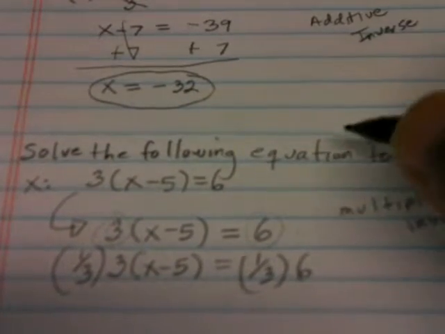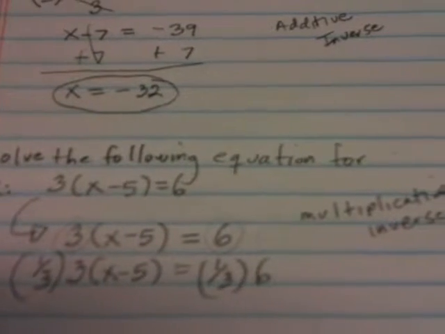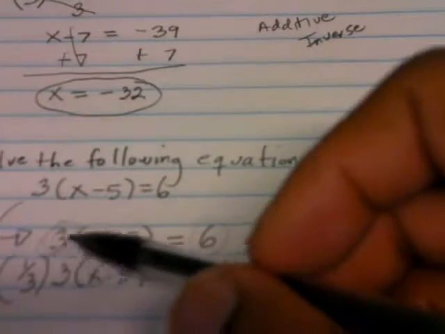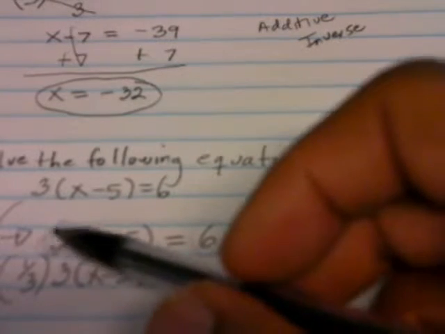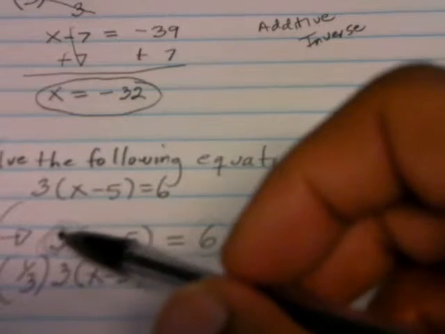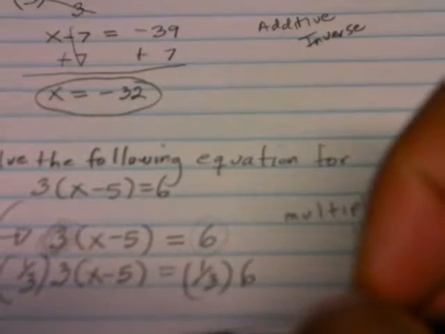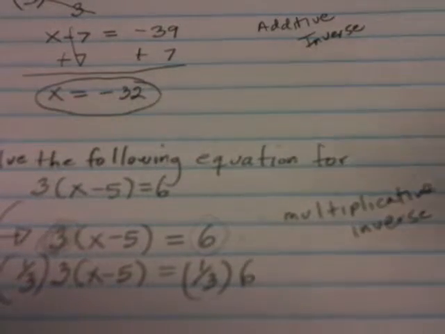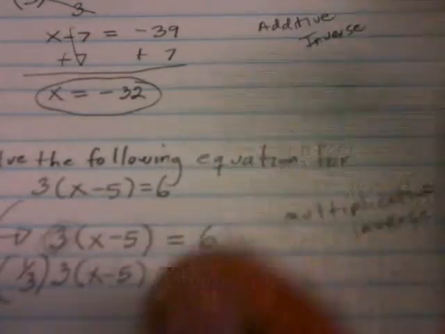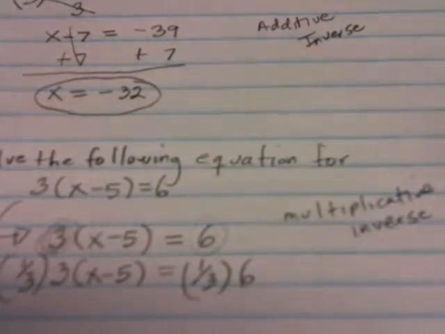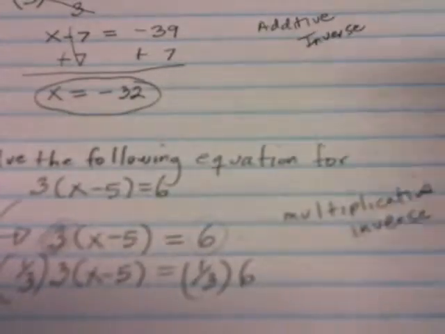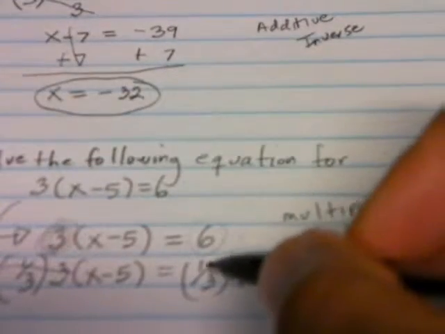You can see here by using the multiplicative inverse that I took this constant and multiplied it times its inverse to get x alone. You want to use these properties or techniques to get x alone the best way you can, a factor or constant at a time. This cancels.